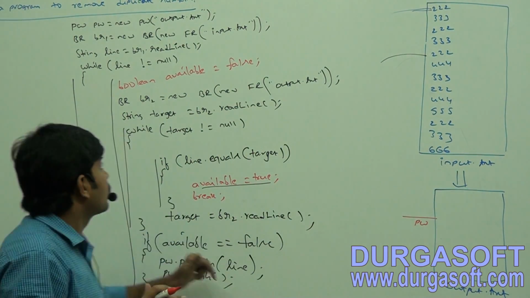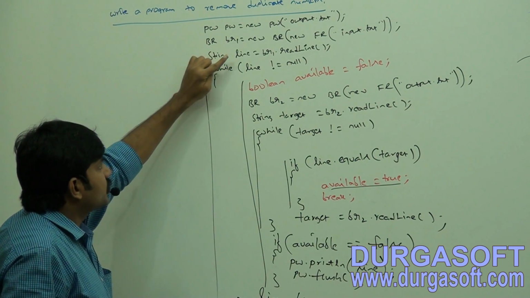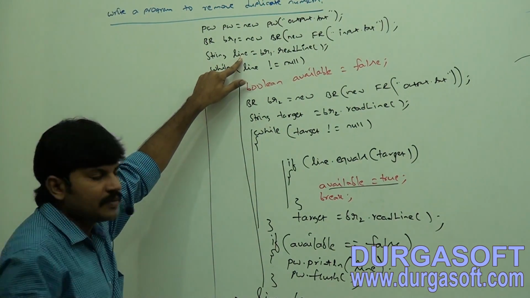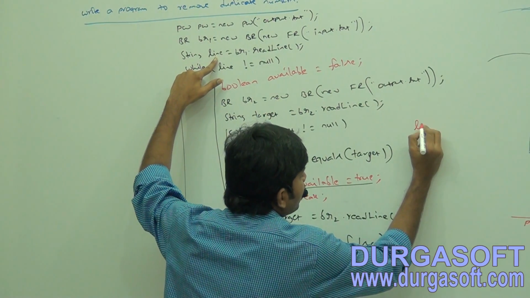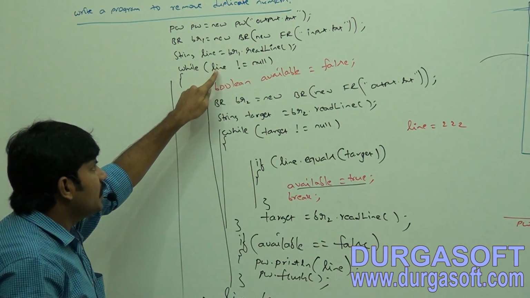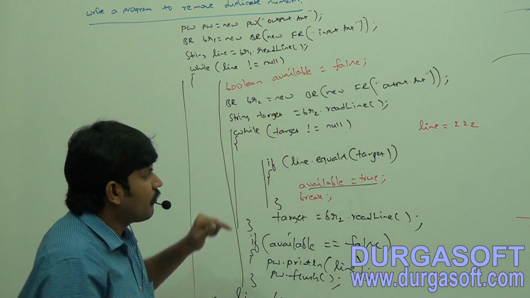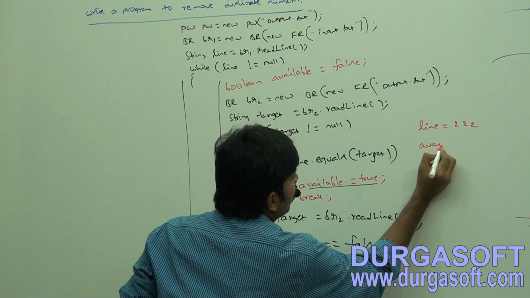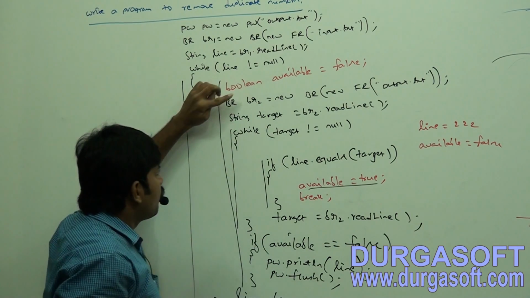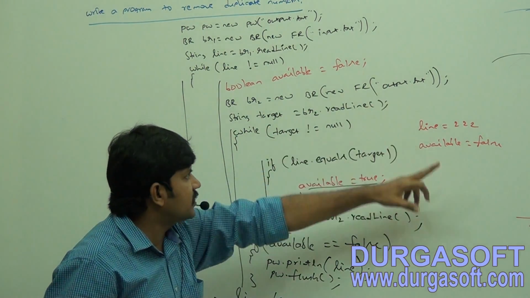Sir, now PrintWriter, BufferedReader, String line, while line is equal to br1.readLine. Can you tell what is the value of line, sir? 222, the first line. It is not equal to null. Correct. Boolean available is equal to false. Sir, what is the value of available? False. BufferedReader br2 is equal to new BufferedReader of output.txt.